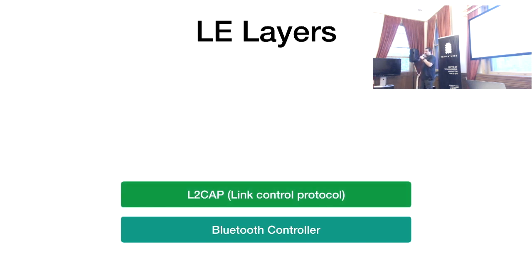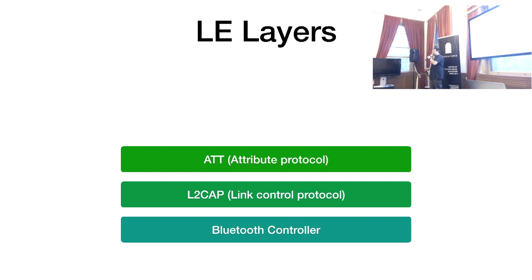On top of that, we can add L2CAP, which is the link control protocol. That's quite similar to TCP: you send streams of bytes, and you get streams of bytes. It has a header and CRC, because you can have situations where the device is moving away and you start having errors on the packets.